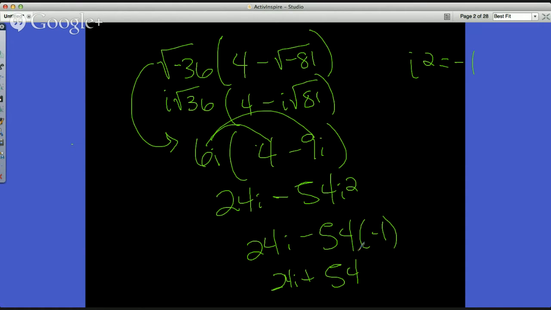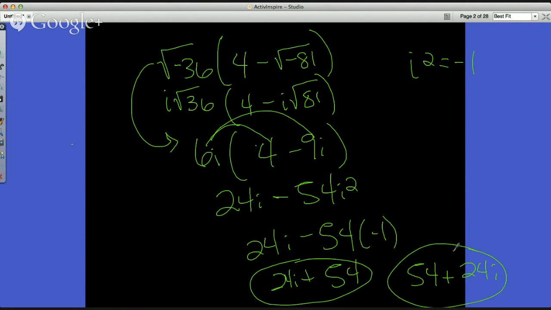Here's another thing too. Standard form is always the whole number first. So even though this is correct, technically it should be 54 plus 24i. I don't think I trick you on that on the exam. That'd be mean of me too. So he's saying, yes, that's what I'm saying. You're not going to put 24i plus 54 versus 54 plus 24i. I don't think I do that.